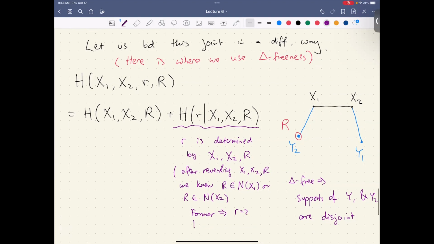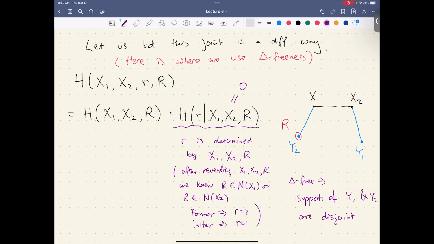In the latter case, you have little r equal to 1. This is what I mean. And remember, one of the lemmas that we proved, called dependence: if one variable depends on the other, the conditional entropy is 0, which makes sense because this guy uniquely determines little r, so we gain no new information from it. So this equals 0.